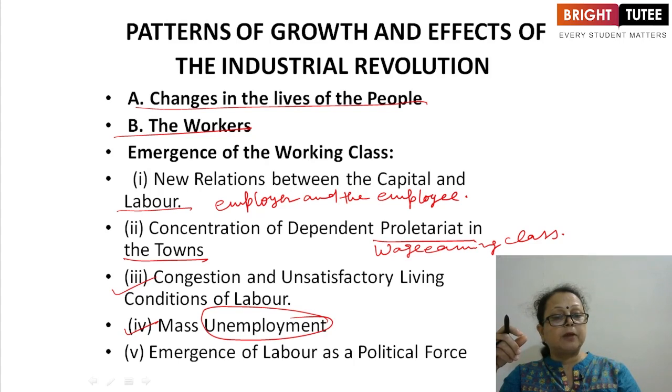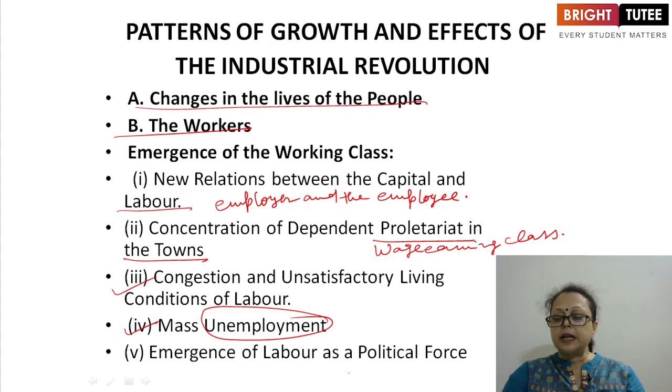I think the meaning of proletariat is clear over here: the wage earning class. Large scale shutdowns as a consequence of business depressions worsened the situation many times. Mass unemployment, a prominent feature of modern history, became one of the gravest social problems arising from the mechanization of industries. This is the impact of the implementation of machinery in the factories and industries, and it gave rise to unemployment.